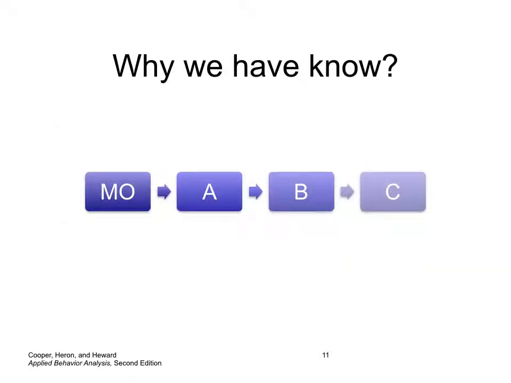This is such a short chapter, but the concepts are very important to know. But why do we have to know about this concept? Well, we talked about the three-term contingency, like A, B, C, but as your textbook says, the reinforcing or punishing effectiveness of the consequence in developing control by the stimulus depends on an MO, and the future effectiveness of the stimulus in evoking the response depends on the presence of the same MO in that future condition.